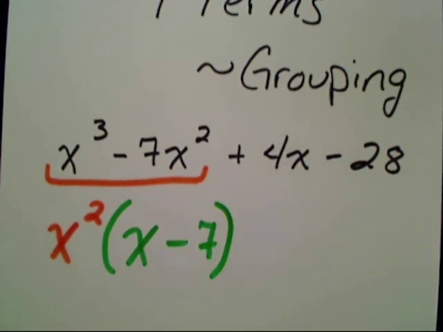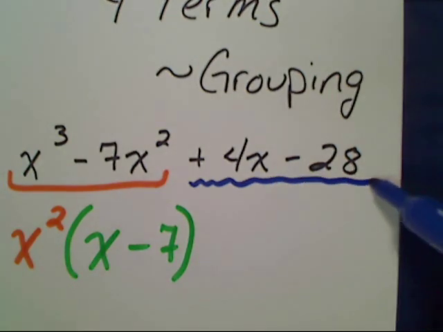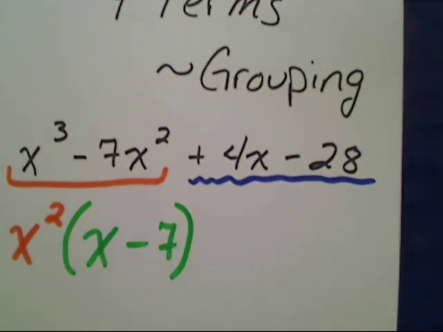Now I'm going to do the same idea with the second 2 terms. I'm going to group those 2 together and ask, what's the greatest common factor between 4x and 28? The greatest common factor there is 4.